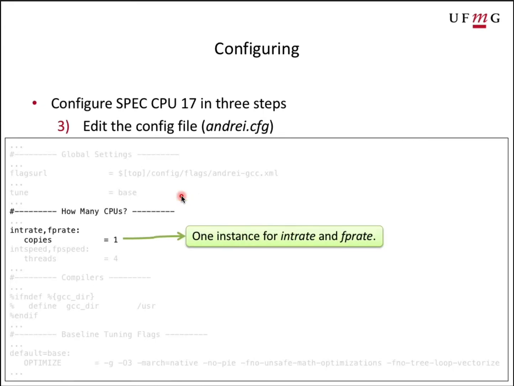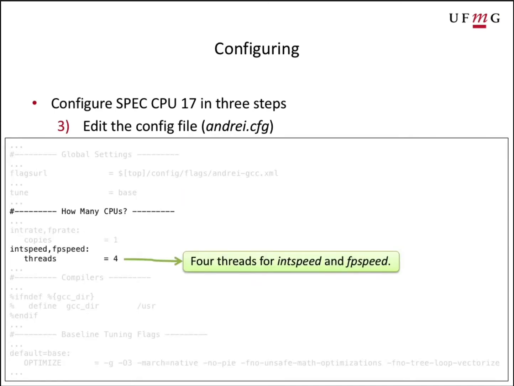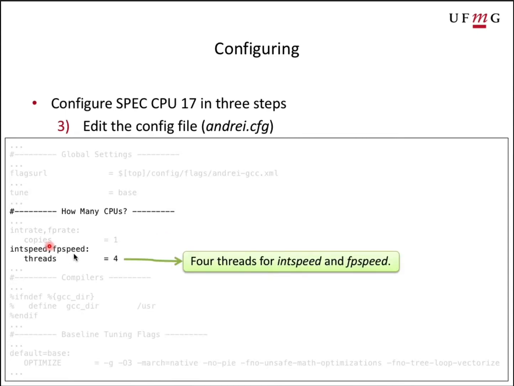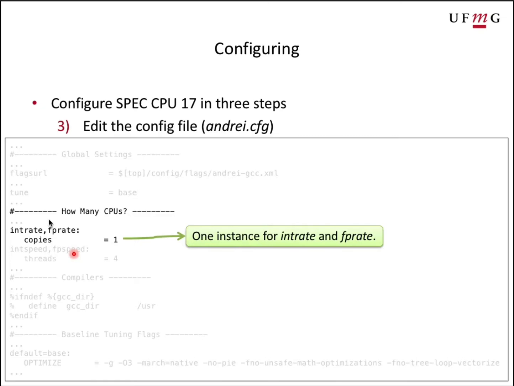Then we need to choose how many CPUs to use. So we have a distinction here. We have int rate and FP rate, and int speed and FP speed. For int rate and FP rate, they are standalone applications. They do not have threads.